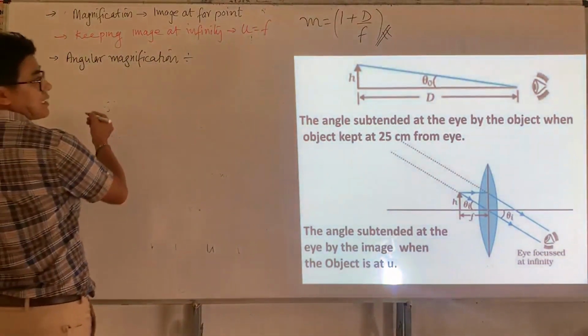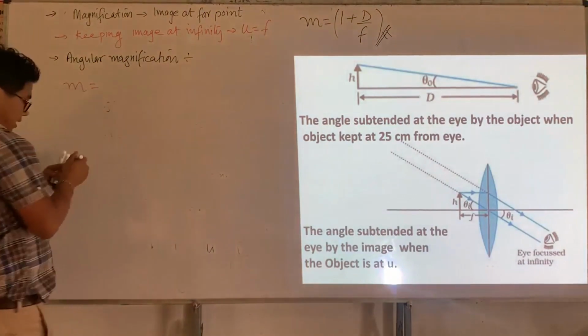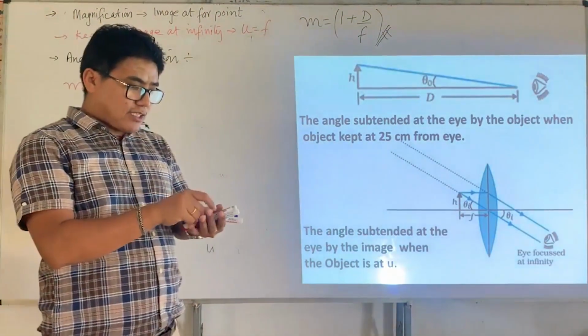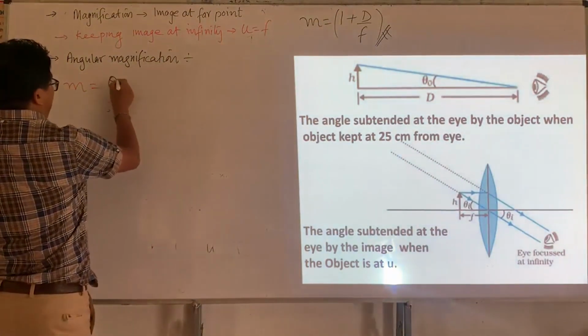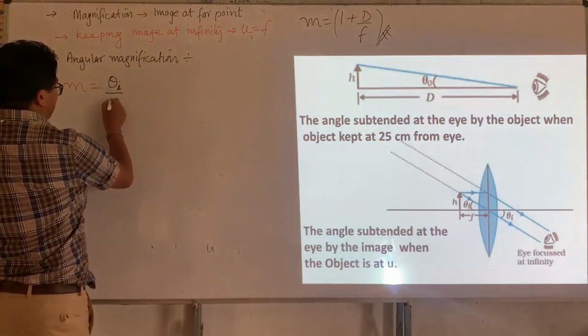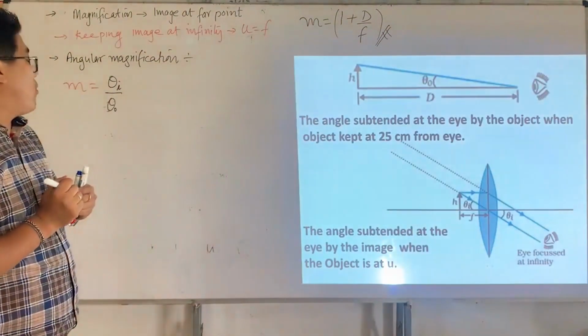So this angular magnification is defined as theta I divided by theta O. I'll explain what theta I and theta O are.